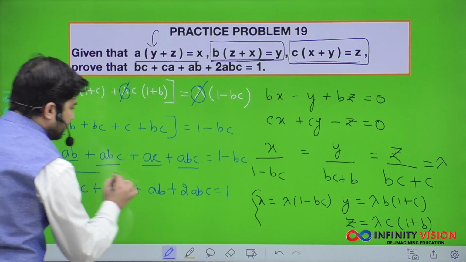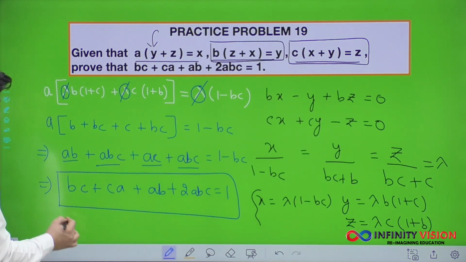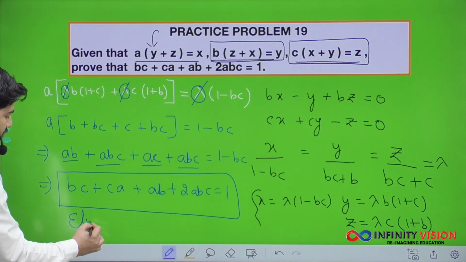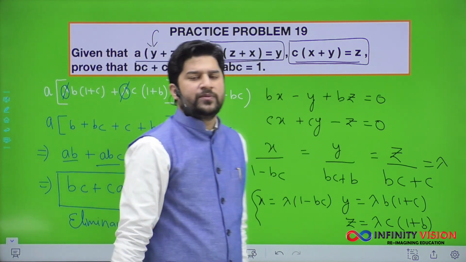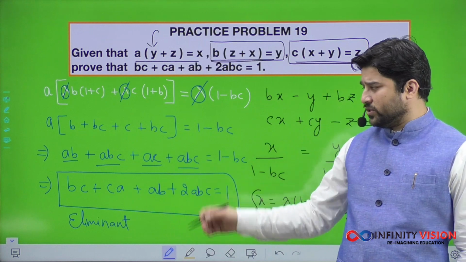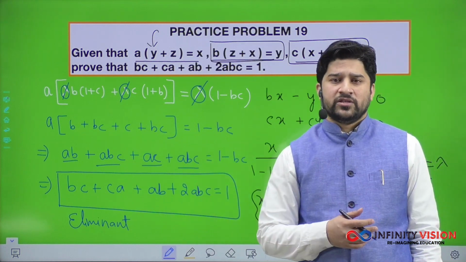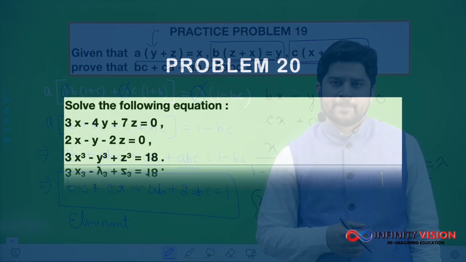That is what we had to prove, or basically this is going to be the eliminant. So it was a very easy problem. We have been doing a lot of eliminant problems in the previous three questions, so it's very easy. I'm sure you would be able to handle it.